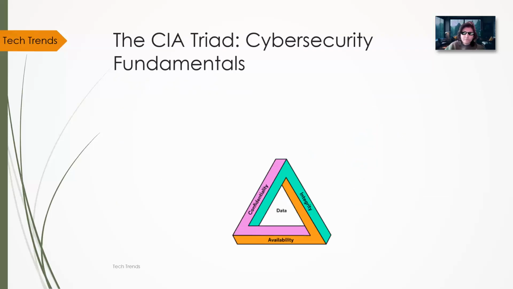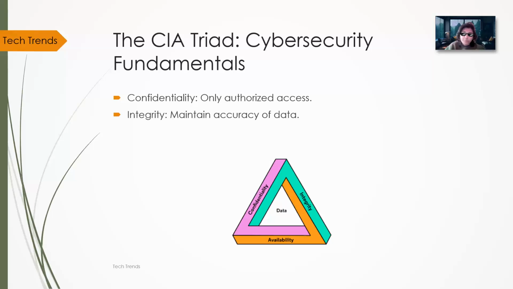Then we have the classic CIA triad. This is the foundation, the fundamentals of cybersecurity. The C stands for confidentiality, which means only authorized users are allowed to access certain data. Then I stands for integrity, which means it will maintain the accuracy of the data.